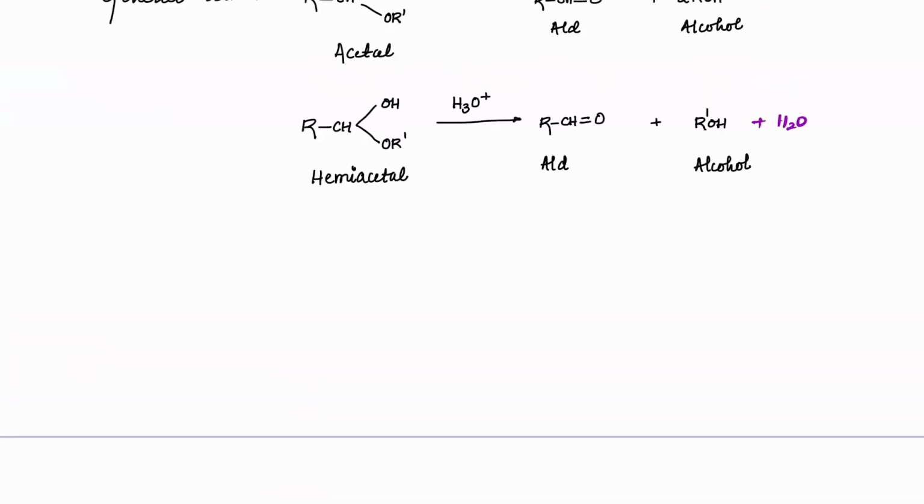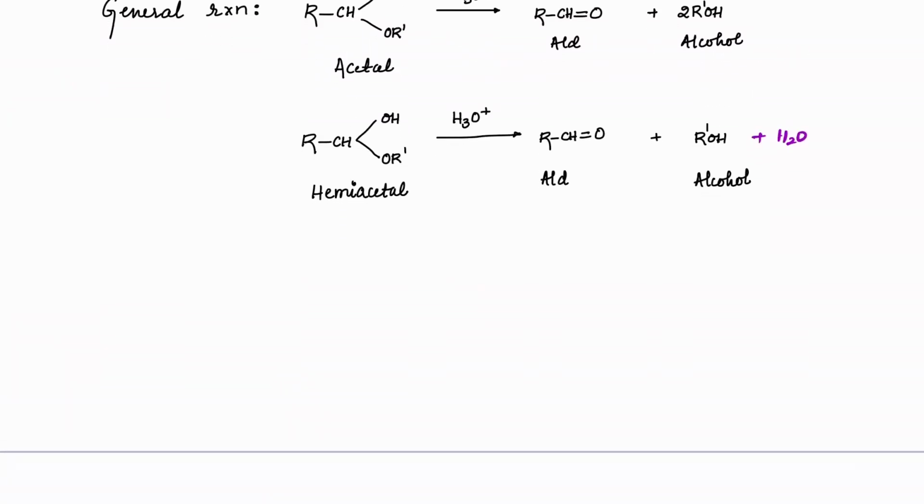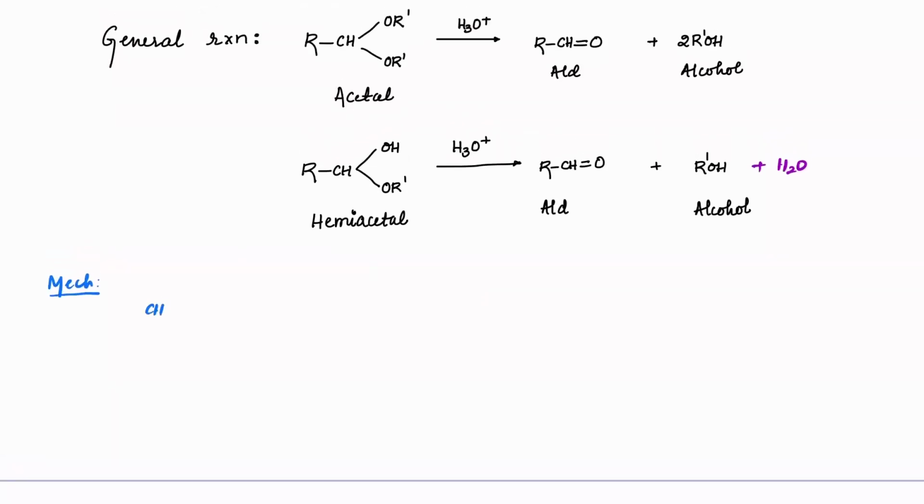Now let me show you how the mechanism works here. Taking one example, I'll show you the mechanism, how the hydrolysis works here. Let's say I have CH3, CH2, CH with OCH3 and OCH3 here. While we push protons, one of the lone pairs will attack on H plus here, and that will convert into an alcohol form CH3, CH2, CH, OCH3 with plus here and OCH3.